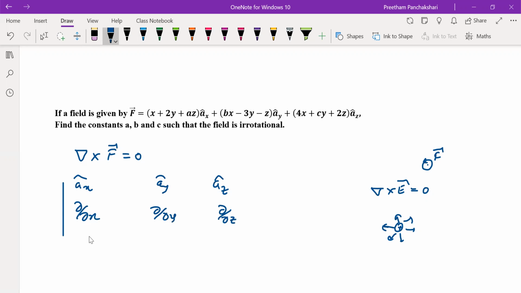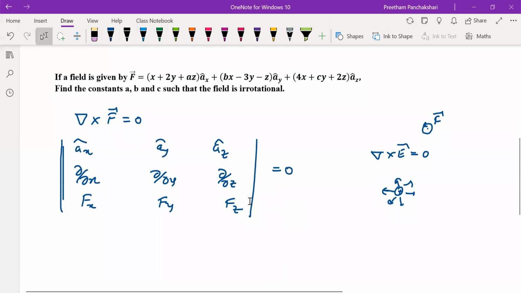And in row 3, the X, Y, and Z components of the given vector. And this is equal to 0 because the problem itself mentions that the field is irrotational.